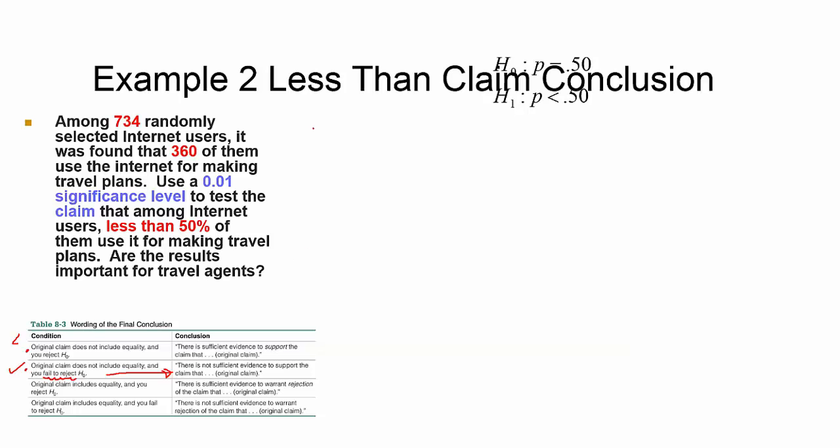So what's happening here is we have our null hypothesis, p equals 0.50, and our alternative hypothesis, which is p is less than 0.50. And remember that that matched the claim. So the alternative is the same statement as the claim. If I fail to reject my null statement, that means I can't reject it, so it could be true.